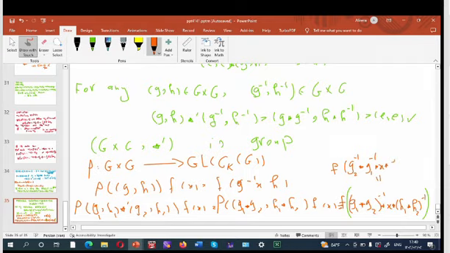This is H2 inverse star H1 inverse, okay, the inverse of H1.